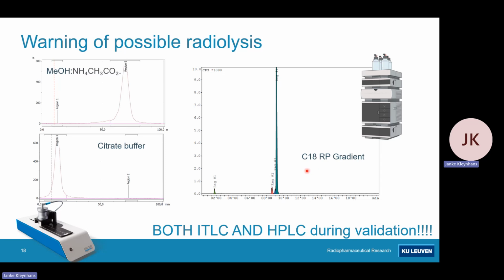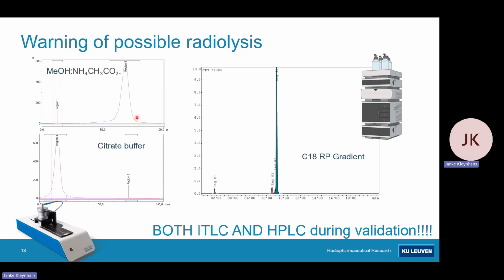Unfortunately, you have to, especially during validation, because these guys are not the FAPi you are looking for. So they will distribute differently and influence the quality of your scans. And this yielded after 2 hours a radiopharmaceutical with only a 91% purity.